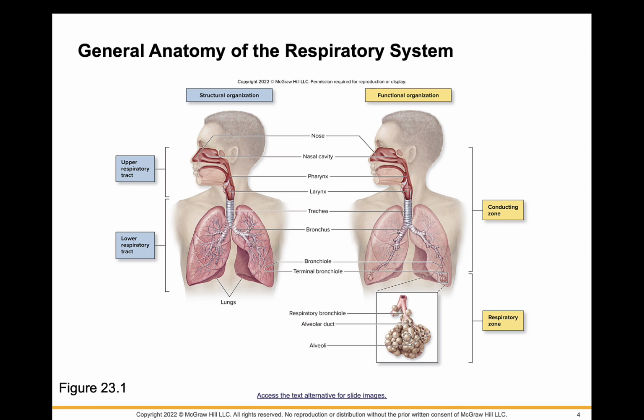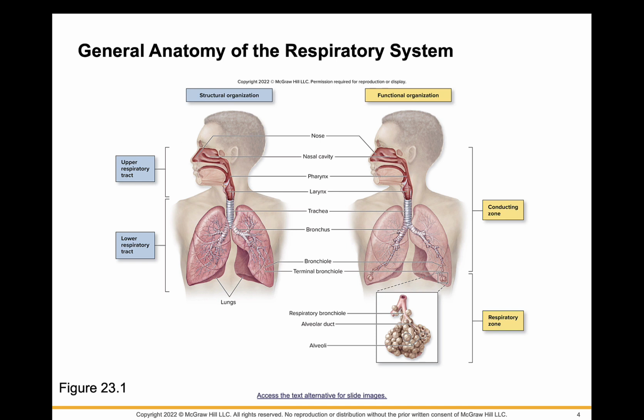We're looking at two different ways of organizing the structures of the respiratory system. One is a structural organization, and I don't find this to be very helpful because basically it's made up of the upper respiratory tract and lower respiratory tract. That really does not give you any idea of the function, what is happening. But let's take a look at the functional organization. And here we have what we refer to as the conducting zone and the respiratory zone.